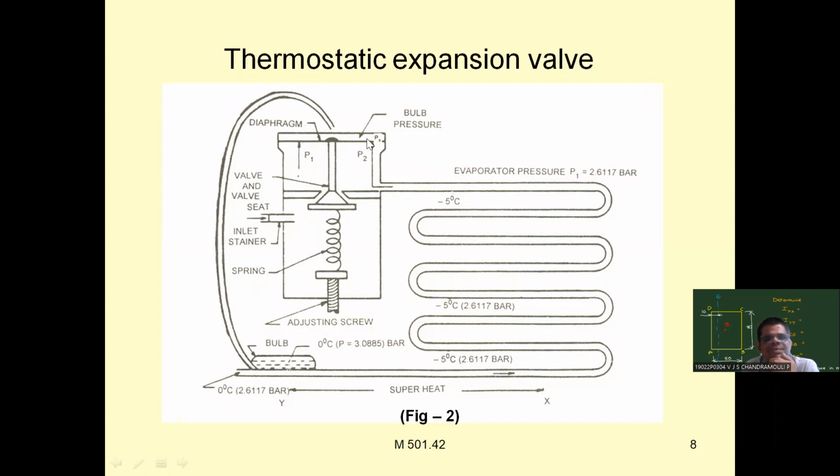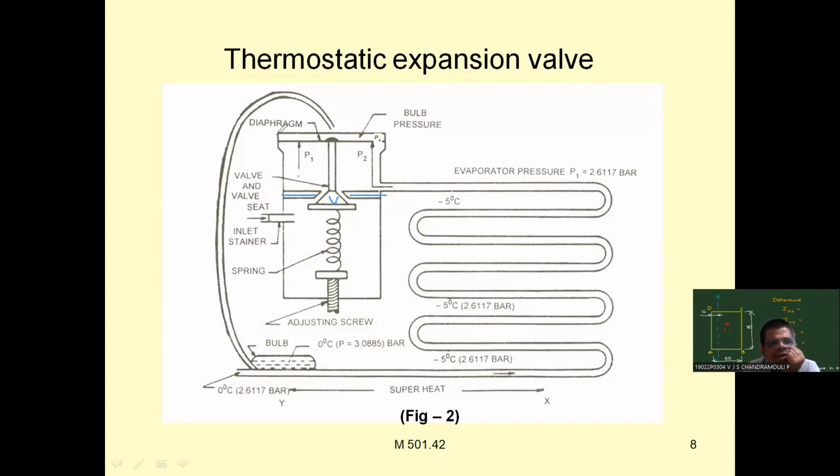This upper plate is the diaphragm, and this one is the valve, and this is the valve seat. And this is the valve.